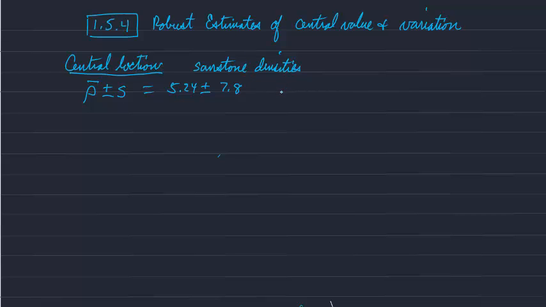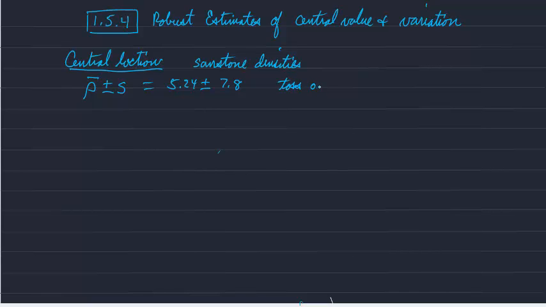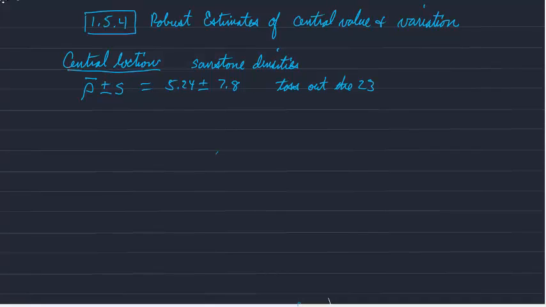So if we toss out the outlier, and our outlier again was that value of 23, we get rho bar plus and minus s equals 2.28 plus and minus 0.05.